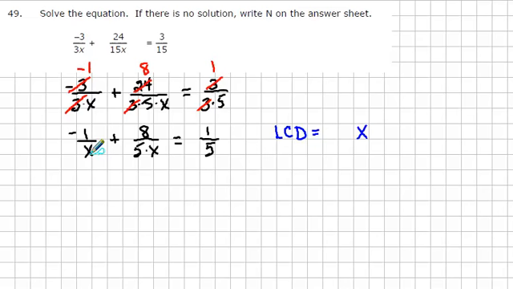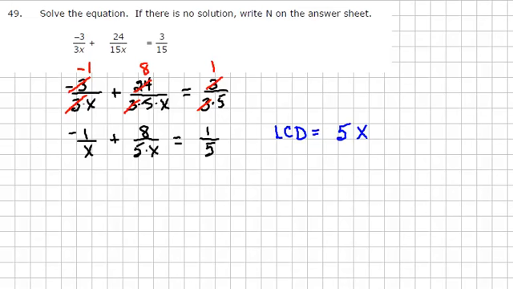We see that it occurs once in the first fraction, once in the second fraction, and no times in the third fraction. So the most number of times that x occurs in the denominator is once. So we just have one factor of x. The other factor that we see is the factor 5. Factor 5 does not occur in the first fraction, once in the second, and once in the third. So 5 is listed just once in our LCD. Our LCD is 5 times x, or 5x.